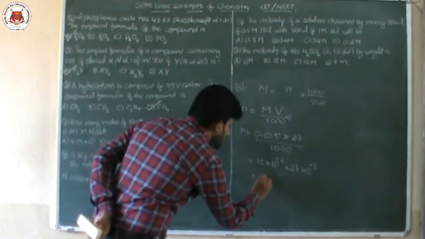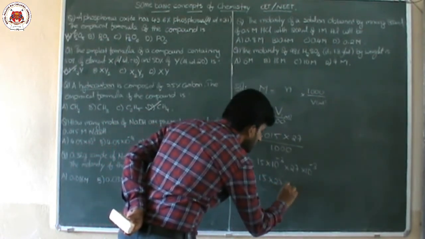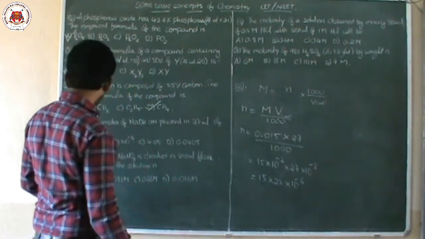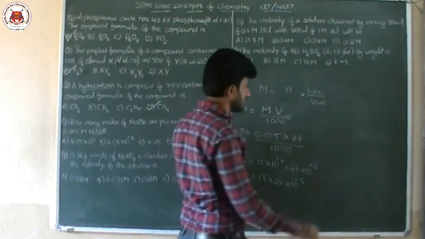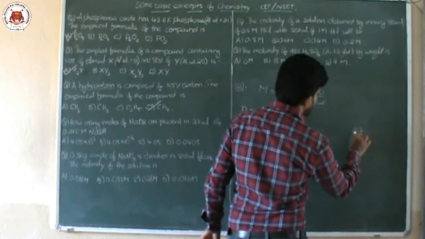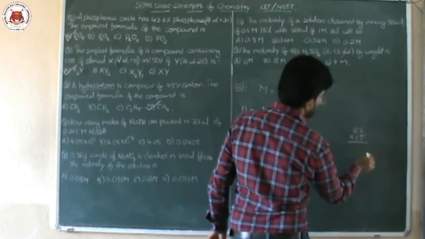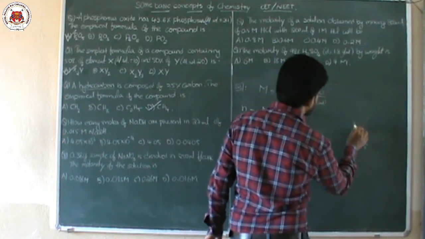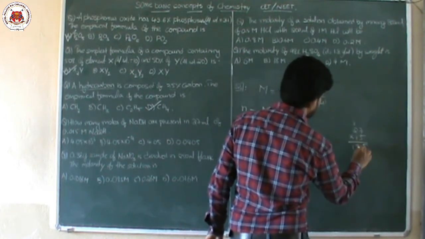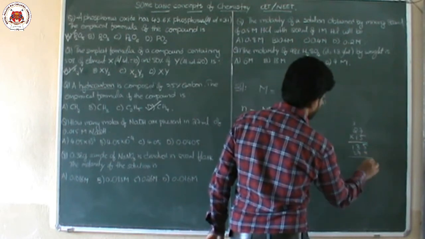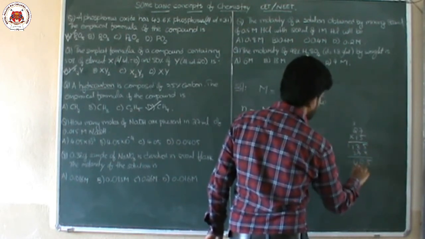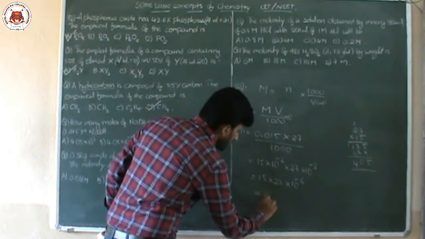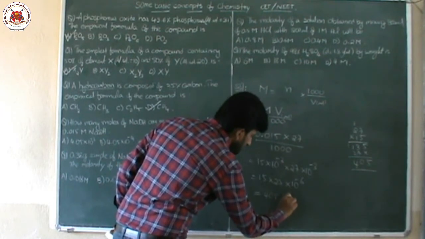So 15 into 27 into 10 power minus 6 is the number of moles. Now this multiplication is needed: 27 into 15 is 405.